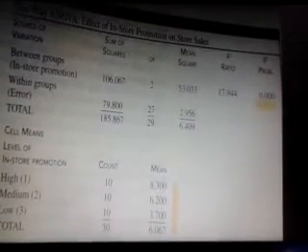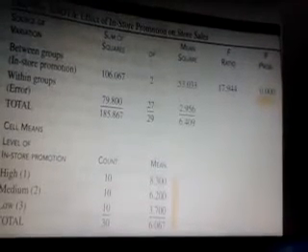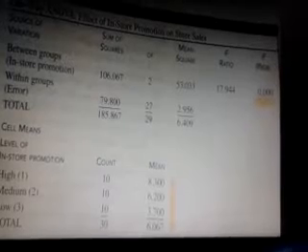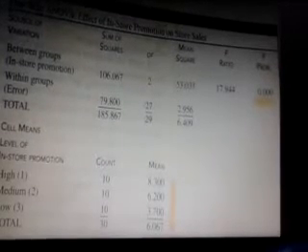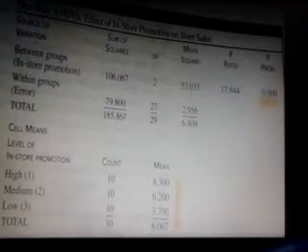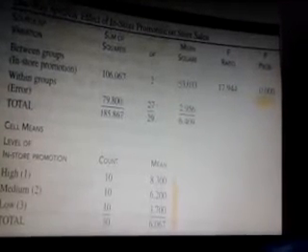What we need to see at the bottom are the cell means, the level of in-store promotion: high, medium and low, count 10 each. In this case we have taken samples from 10 stores where in-store promotion is high, 10 stores where it is medium, and 10 stores where it is low.